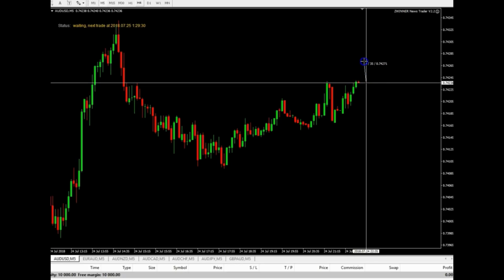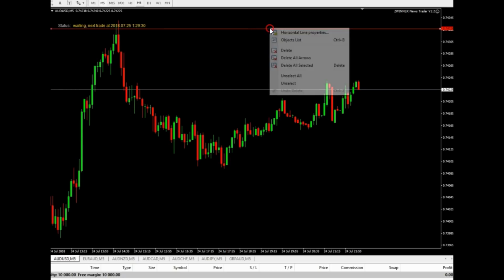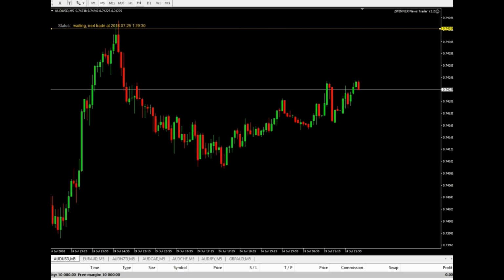For example, 10 pips is about here. So it will place pending orders here about 10 pips, and let's change the color to yellow. And it's going to put another order 10 pips below to sell. So half a minute before the news, it will place these 2 orders.